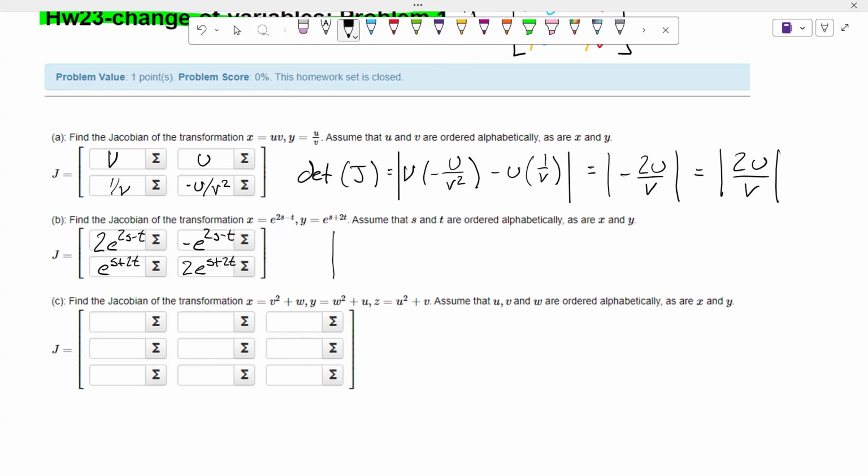This is going to be 2e to the 2s minus t times 2e to the s plus 2t. If I go across my first diagonal column, my second, I'll have a minus negative e to the 2s minus t times e to the s plus 2t.